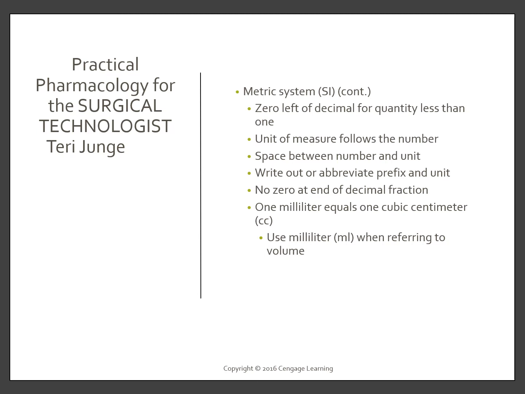We would just put 0.5. And then a reminder that a milliliter is equivalent to a cc, or a cubic centimeter, but we're going to use milliliter or mL when referring to volume instead of cc.